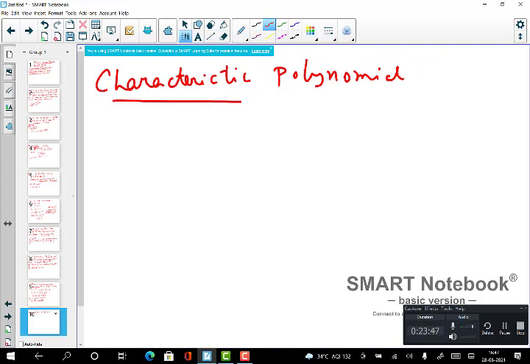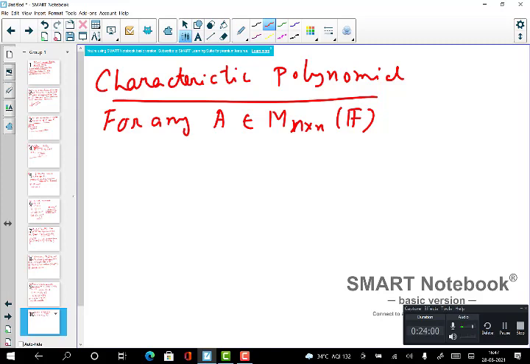Okay. So for any matrix A that is an element of Mn, n cross n matrices over F.